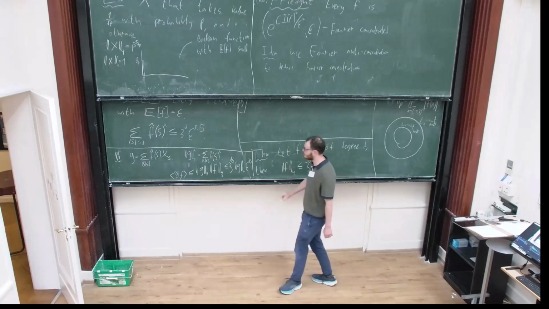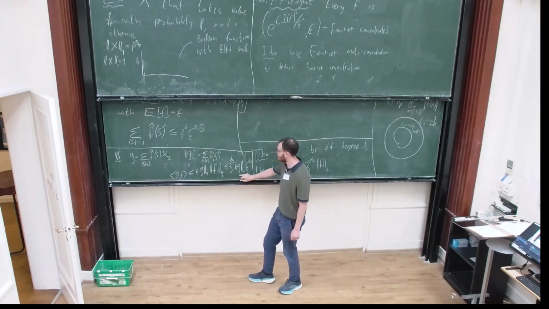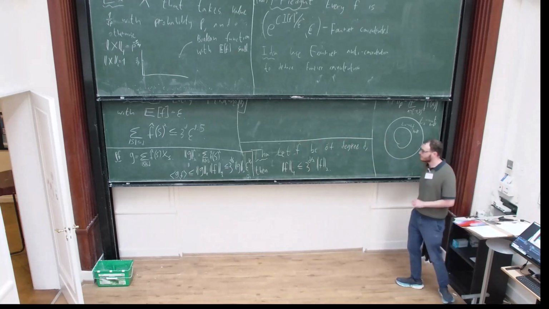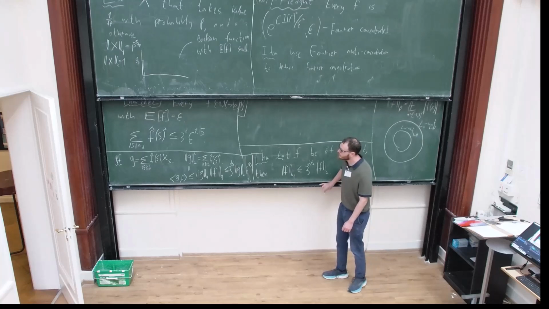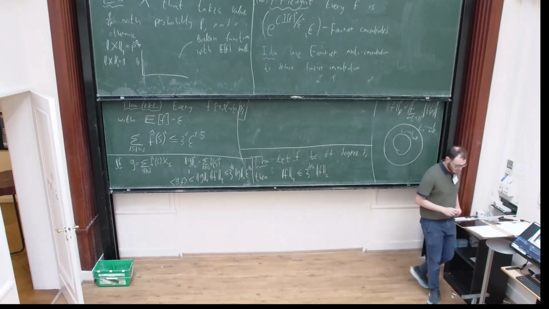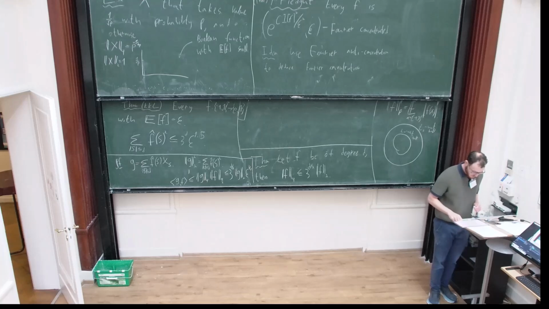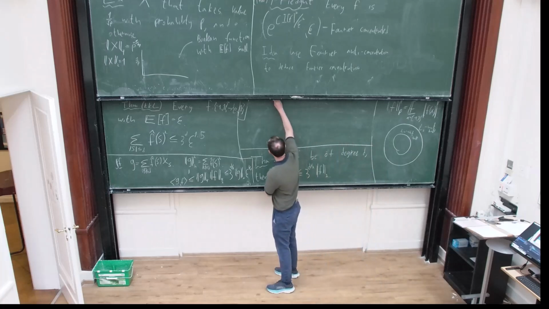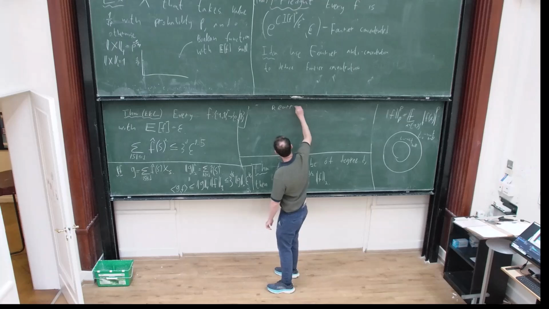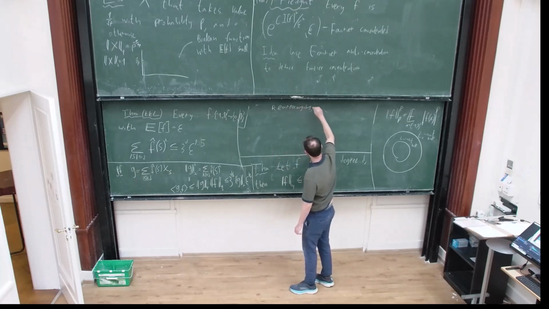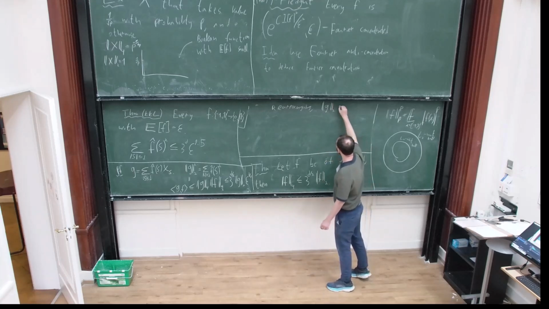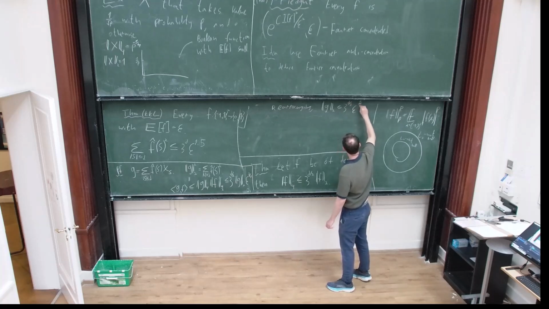Okay, but now we are actually done. So we can rearrange and take squares. Rearranging, we get the norm of g is at most 3 to the d over 2 times epsilon to the 1 over 4.